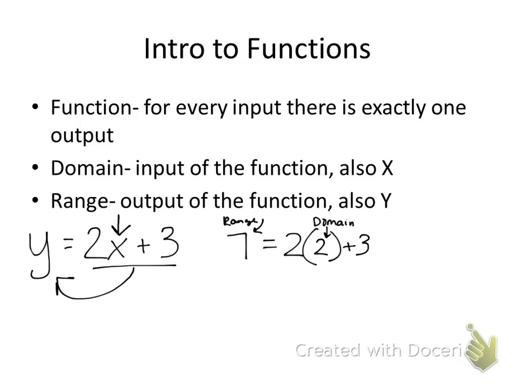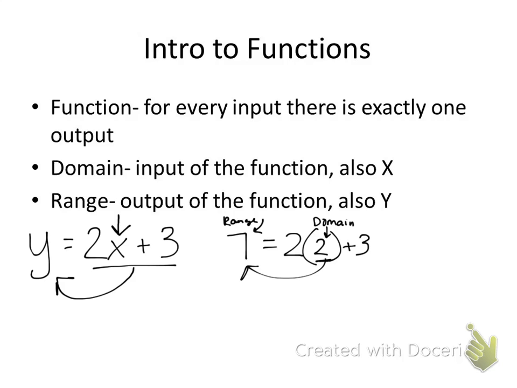Now let's look at the definition of the word function. The word function means that for every input, so that's my domain or the x value, there is exactly and only one output. Look right there. When I plugged in 2, is it possible for me to get any other output or answer other than 7?